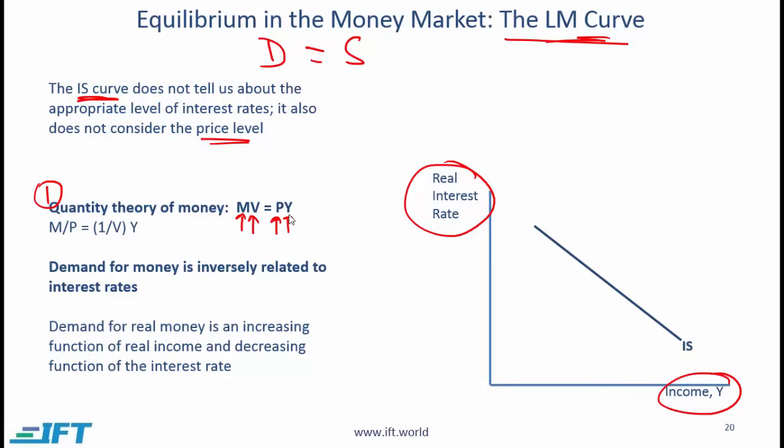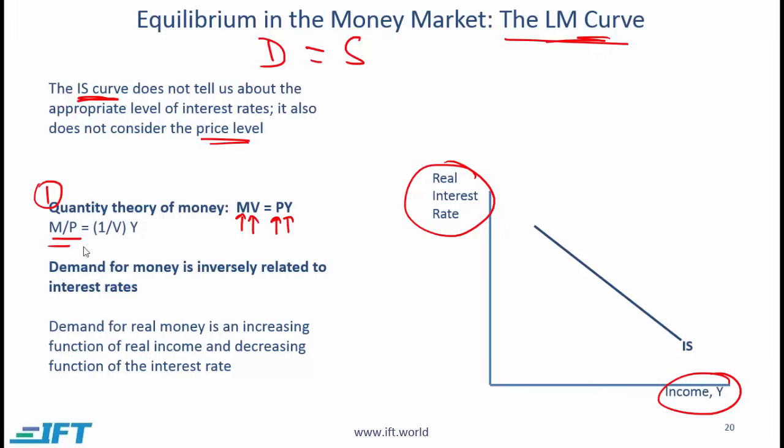Remember, Y is both expenditure as well as income. Here we will take the expenditure interpretation. So price level times expenditure is equal to nominal money supply times how much that money is used.